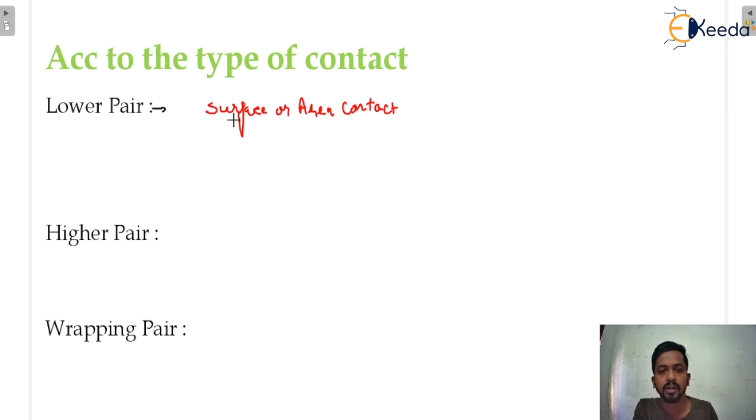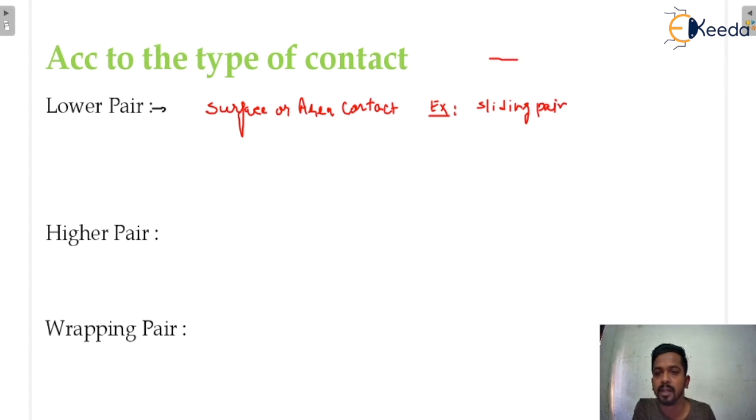What is surface or area contact? If I want to talk about examples of the lower pair, that would be the sliding pair. The sliding pair is a lower pair because there is a surface contact.